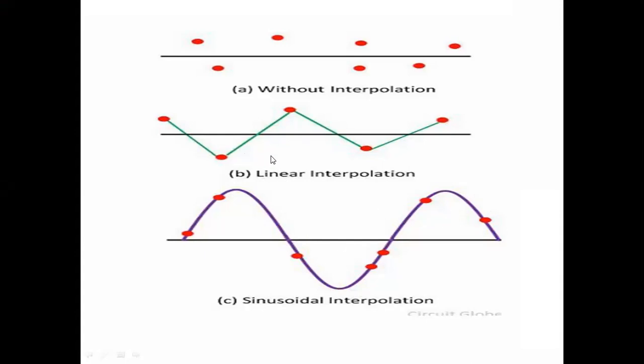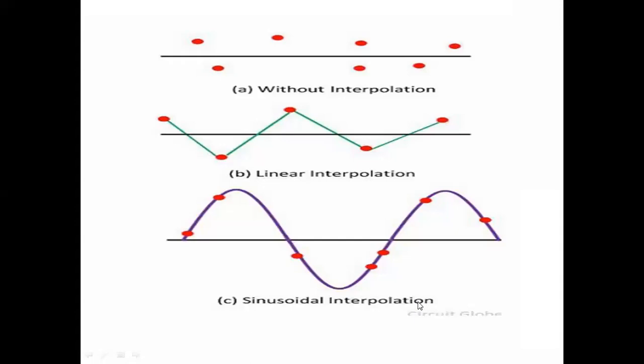By using linear interpolation, we can construct the pulse and square outputs. We can reconstruct the square and pulse signals, but we cannot obtain the sinusoidal waveform this way.